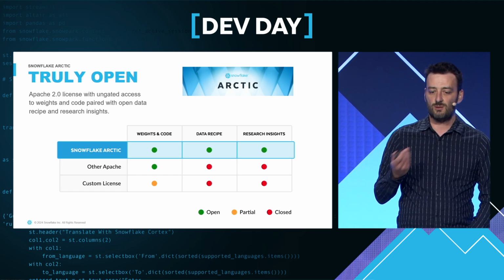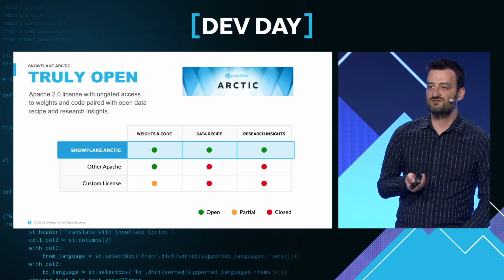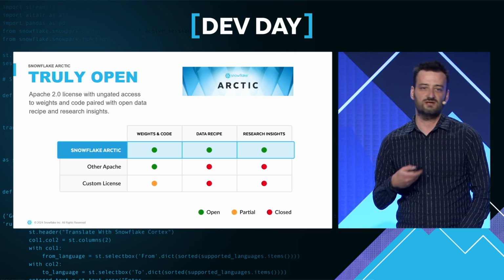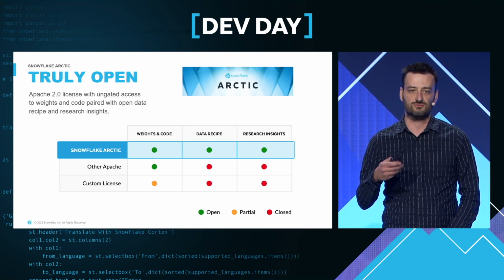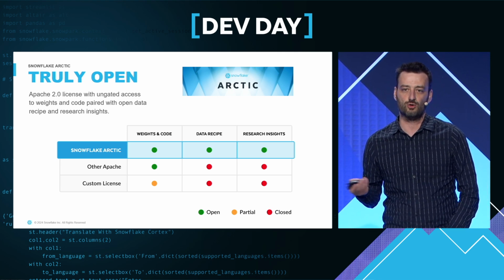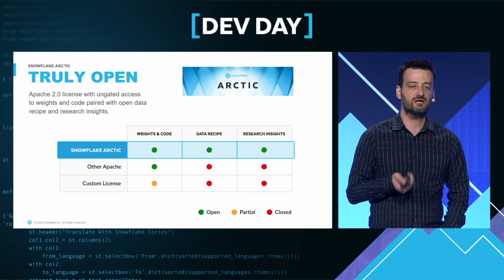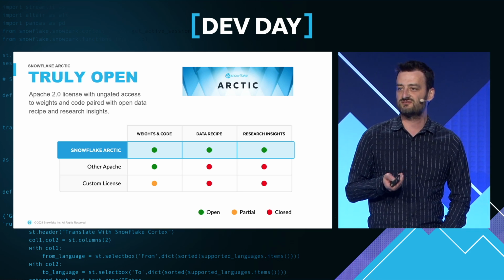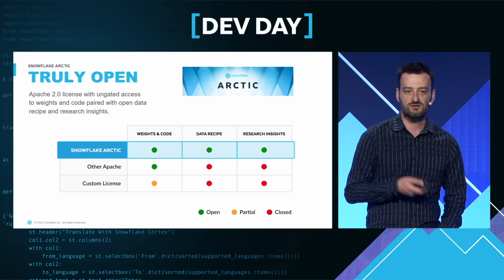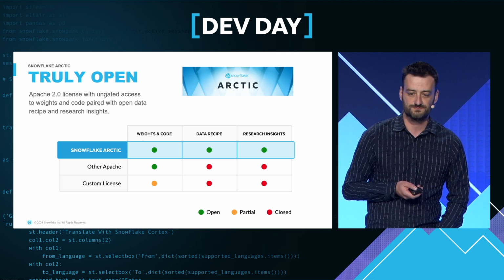So Arctic comes with data recipes around running inference on it and fine-tuning, and we have been adding more and more code to our repo around this. And another thing is we have been sharing all the research insights that the team has developed along the way to the open source community as well.